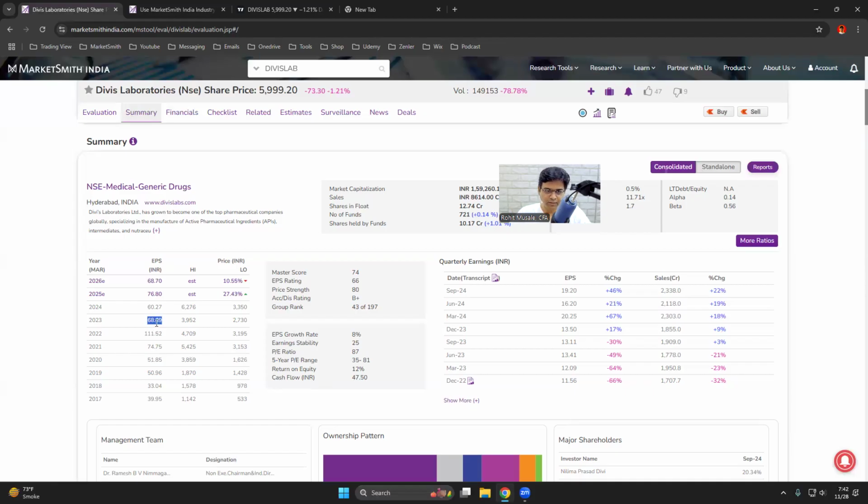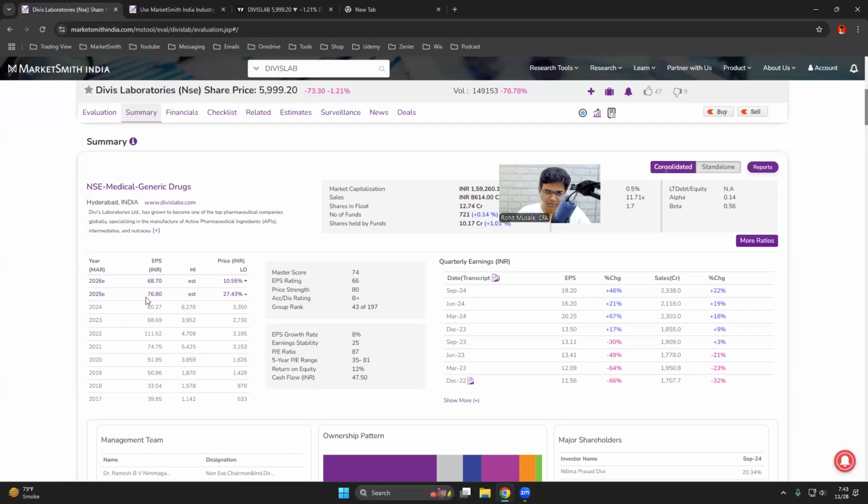Then from 2023 to 2024, it declines further. So what William O'Neill says is you stick to stocks where there is at least some positive annual growth in the company in the past 3 to 5 years. We look at 3 years, we see the 2 consecutive years recently there has been a decline in the EPS, which is a big negative for the stock.